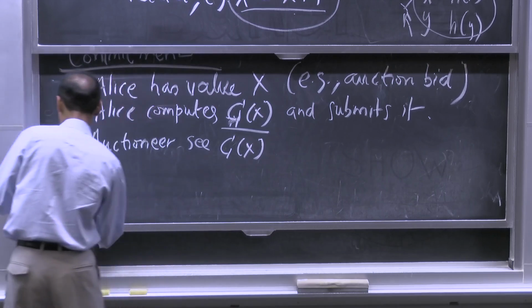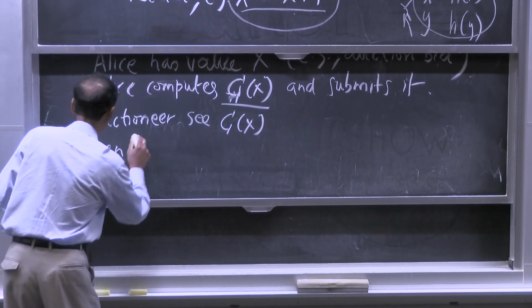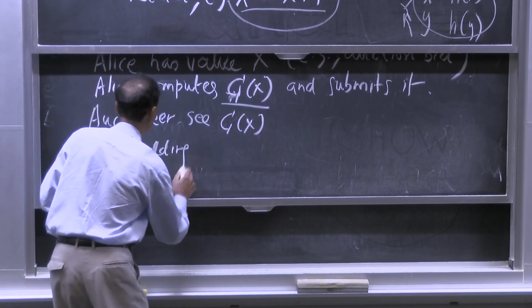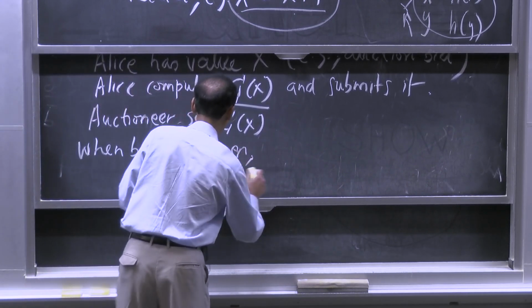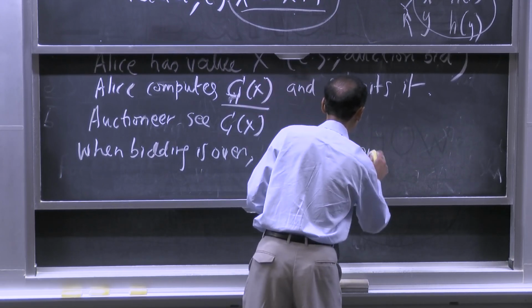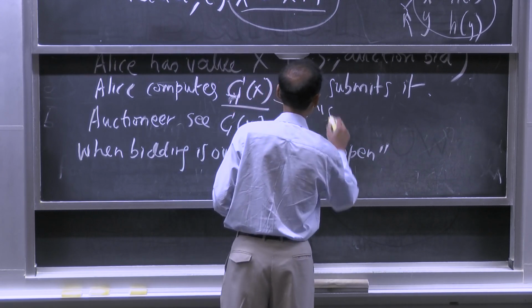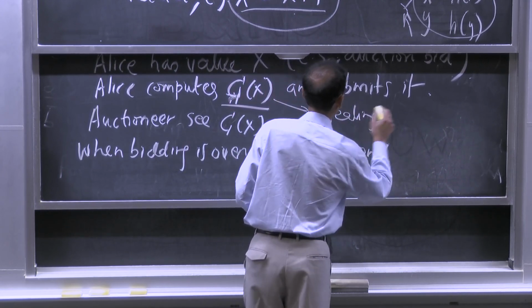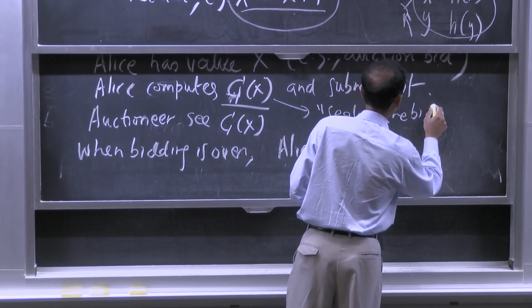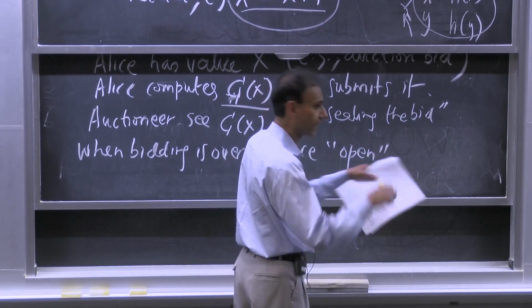And what's going to happen is, when bidding is over, Alice is going to open. So C of X can be thought of as sealing the bid. So that's the commitment. You're making a bid and you're sealing it in an envelope.